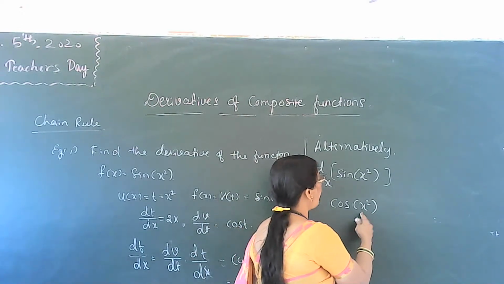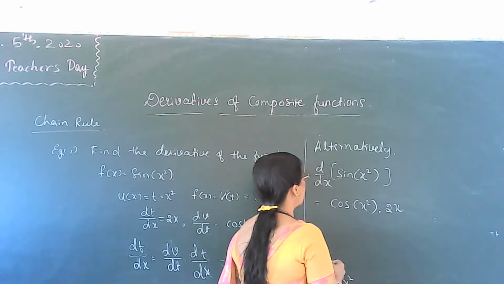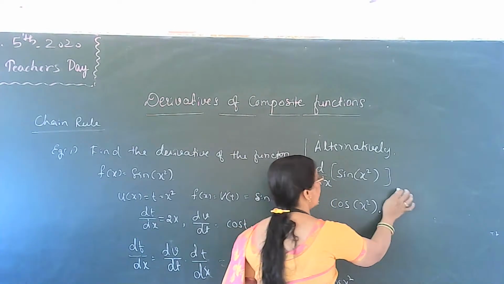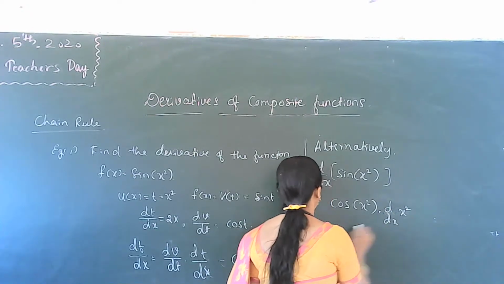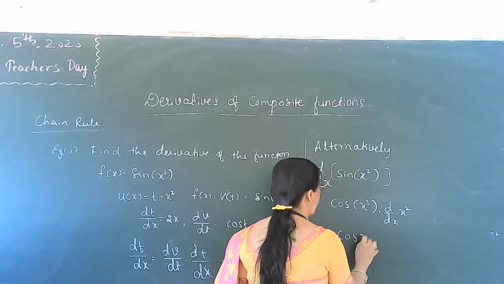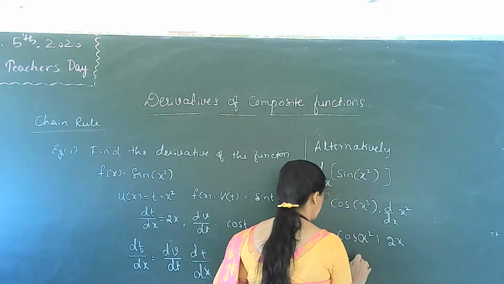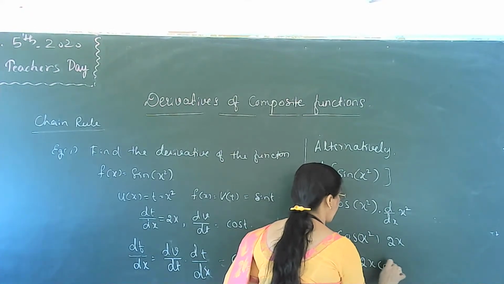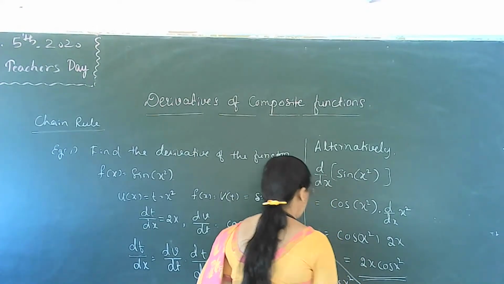Then, finding the derivative of x square, it is 2x, or d by dx of x square, which is equal to cos of x square into 2x, which is equal to 2x into cos of x square.